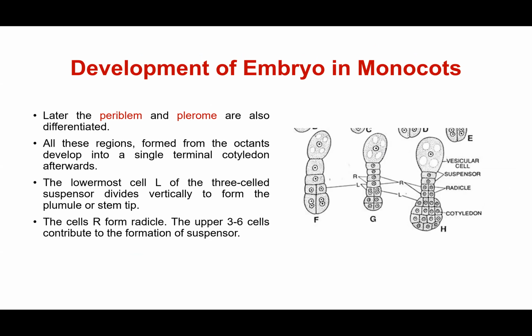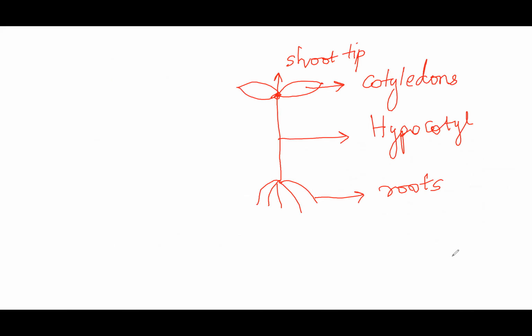In dicots, I just showed you that there are 2 cotyledons present. So this was the structure of your dicot. Because it has 2 cotyledons, it is known as a dicotyledonous plant. But when you look at a monocot, you just have a single cotyledon, like what we see in grasses, all the plants belonging to Poaceae.